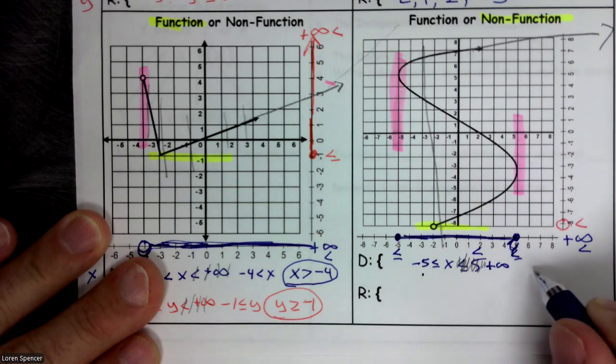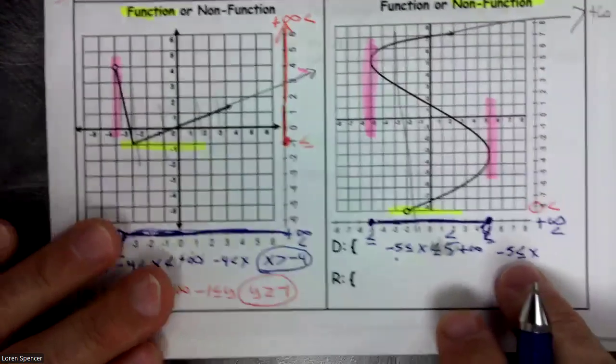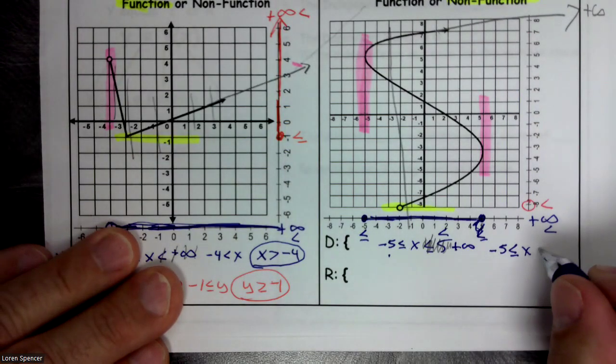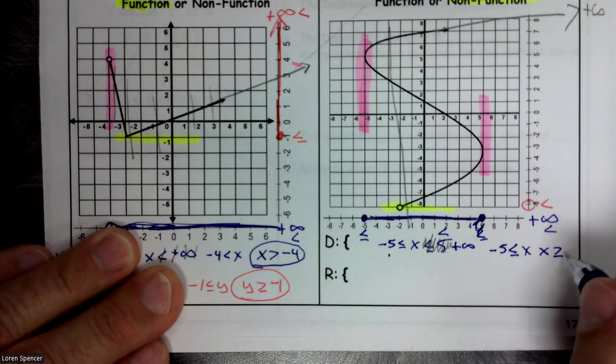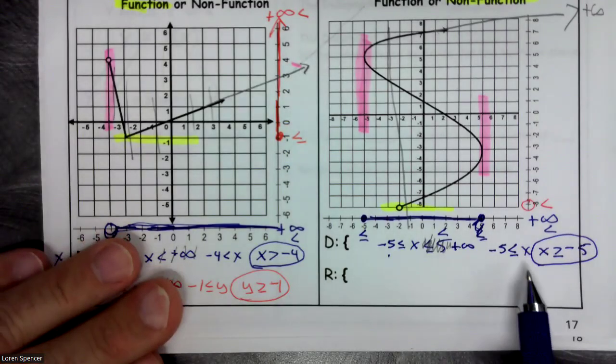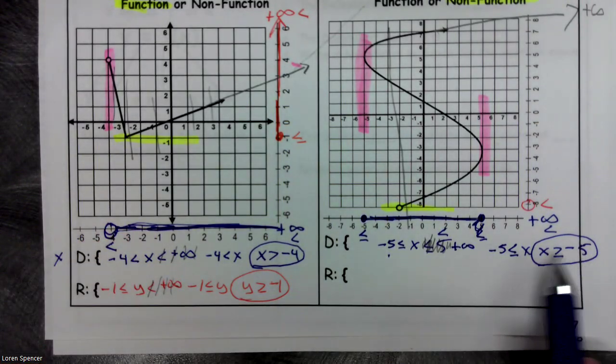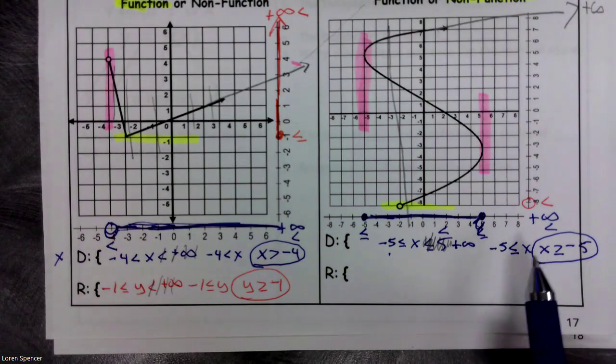So now I have negative 5 less than or equal to x, because we can't have the infinity sign, but we can't be in this order. We have to flip it. So x has to be greater than or equal to negative 5. Remember, we flip the sign and we rewrite everything. We flip everything. Okay? All right.